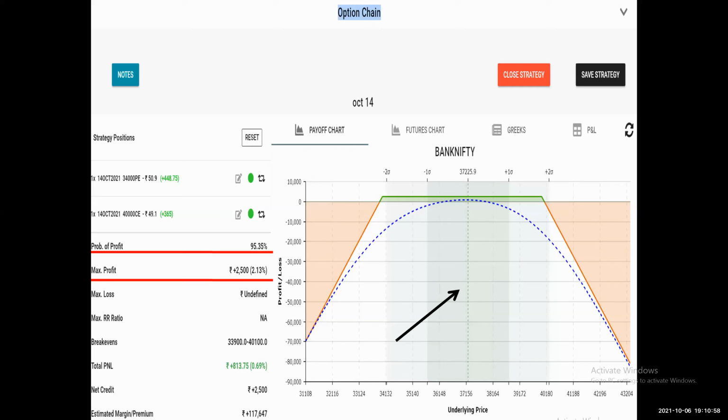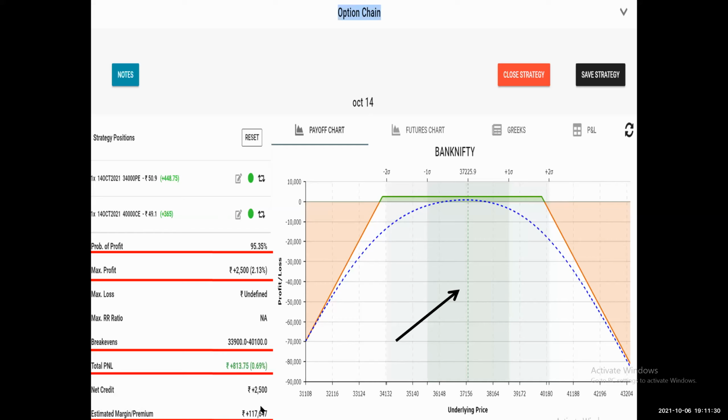Since it was made only 4 or 5 days back at max, in 10 days' time I will be making 2,500 rupees on 1,17,000 rupees, which turns out to be 2.13%. My safety range is 33,900 to 40,100, almost around 6,200 points. And this was the PNL on the second day, I think.